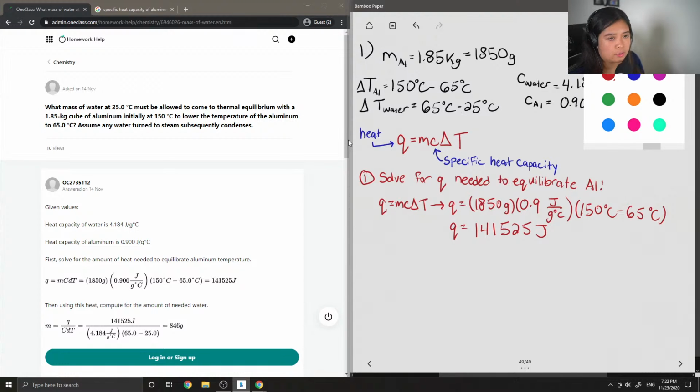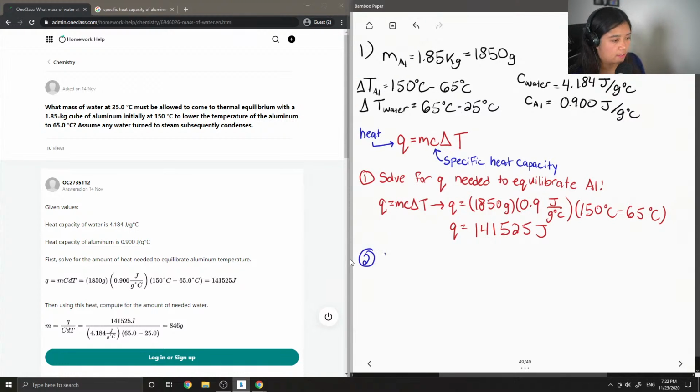Okay, so part 2 of this question is to then solve for the mass of water. Just rearranging the Q equals mc delta T equation, we're going to do mass is equal to Q divided by C times delta T. So we're going to plug in the Q value that we found in the previous step.